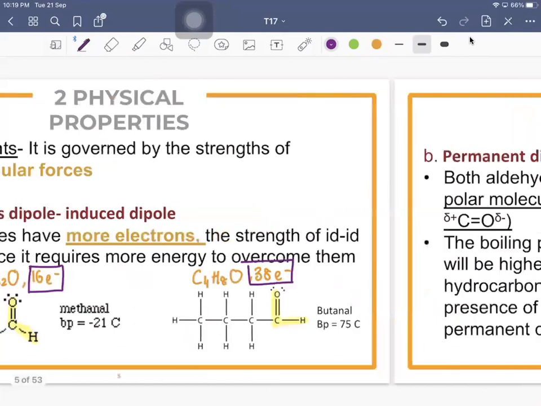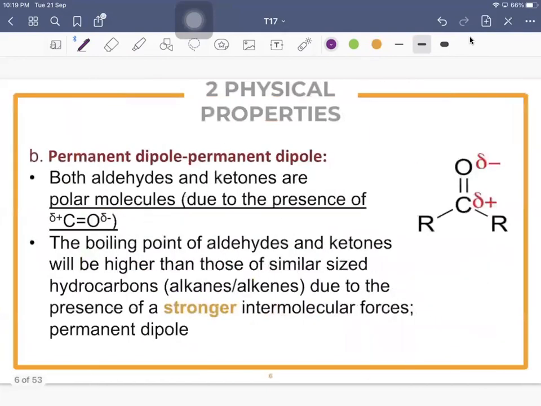The other intermolecular force that is present in your carbonyl compounds, both aldehydes and ketones, is the permanent dipole. That is because there is a dipole on your carbonyl compounds. Okay, this dipole arises because of the difference in electronegativity between carbon and oxygen.